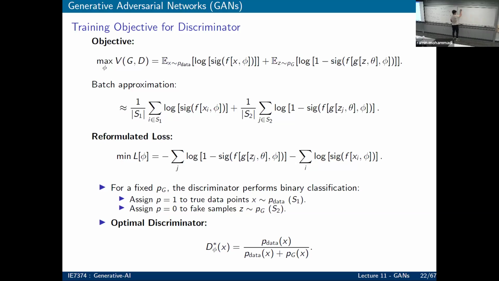We have this loss, which we can write as P of theta of x times log of discriminator of x, minus, there's a log here, sorry, P of theta of x times log of 1 minus discriminator of x.